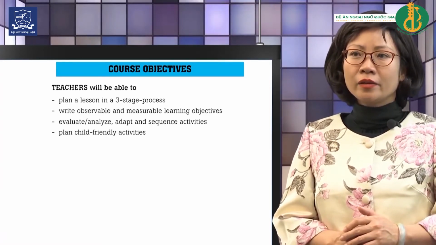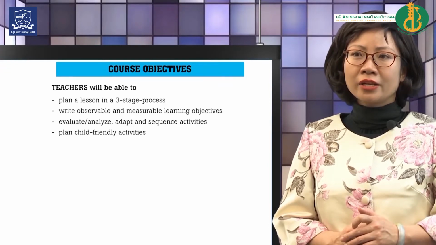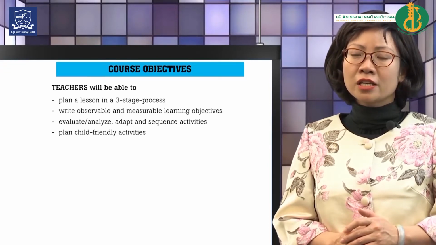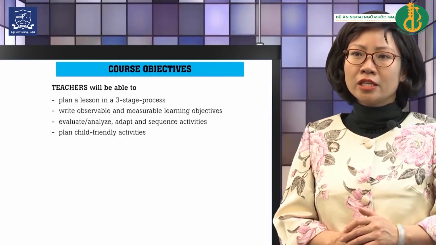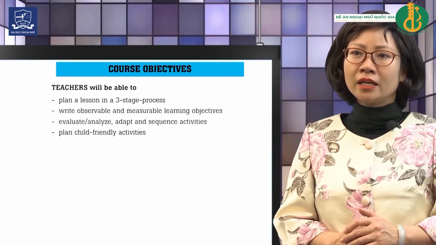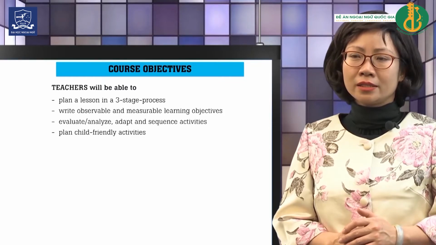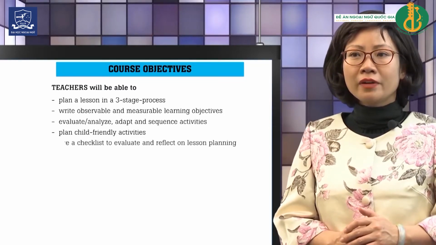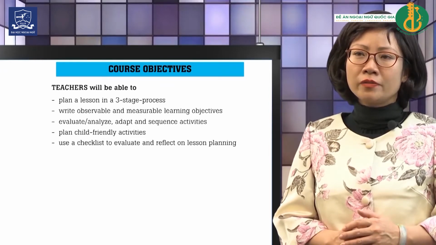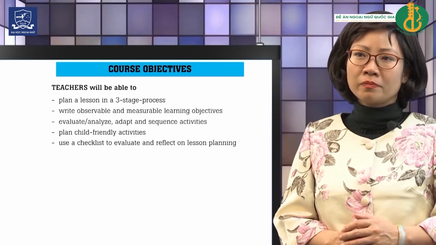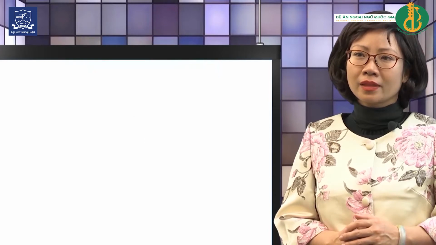Next, they will be able to plan child-friendly activities for single-skill and integrated skills lessons, using teaching resources in planning an effective English lesson. And finally, teachers will be able to use a checklist to evaluate and reflect on their lesson planning process.